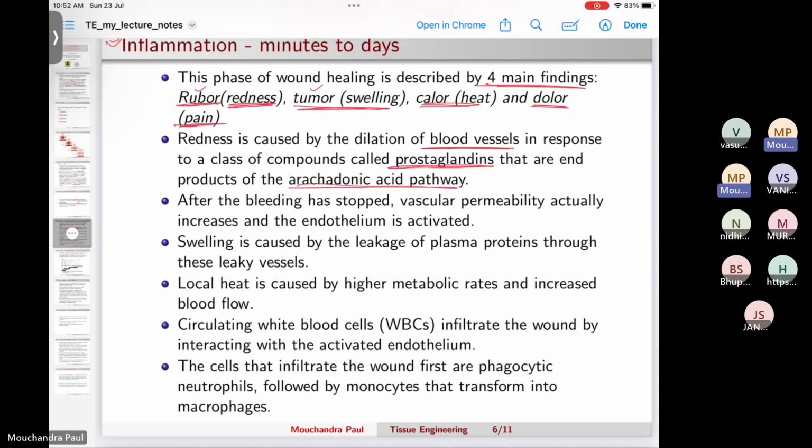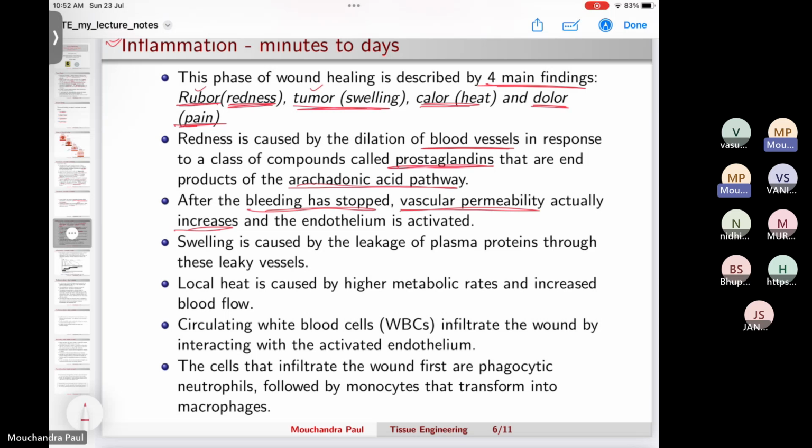Now after the bleeding has stopped, the clot has formed, so no more leakage of blood to the outside. So after the bleeding has stopped, the vascular permeability increases. The initial response was to constrict the leaky blood vessels, don't let the blood leak out.